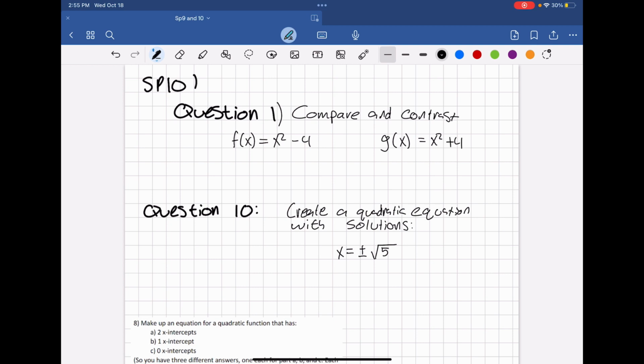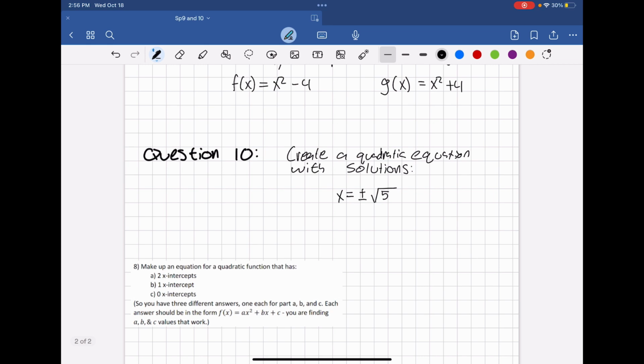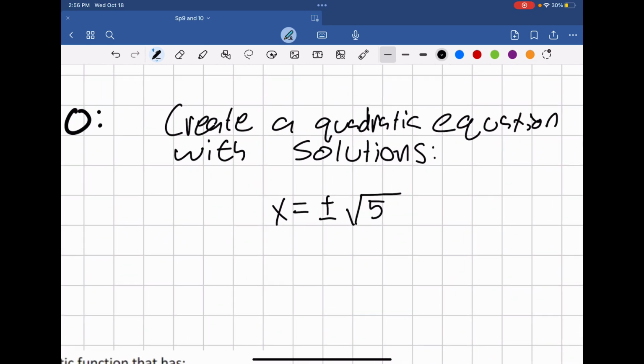Create a quadratic equation with solutions x is equal to plus or minus square root of 5. Well, we're just going to work through the square root method, but we're going to do it backwards, right? So if we're going to go backwards, we are going to square both sides, right? So then we are left with x squared is equal to, well, the plus or minus is going to go away, and then square root of 5 squared is just 5, right?